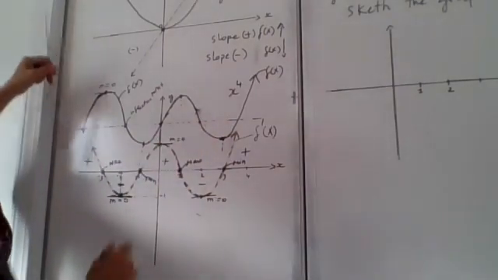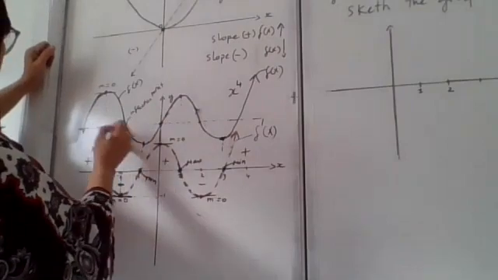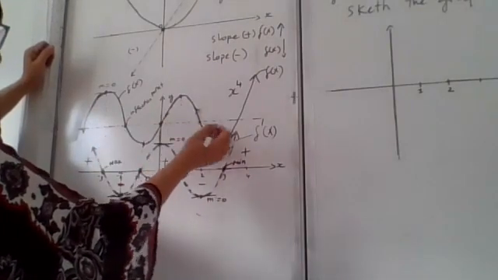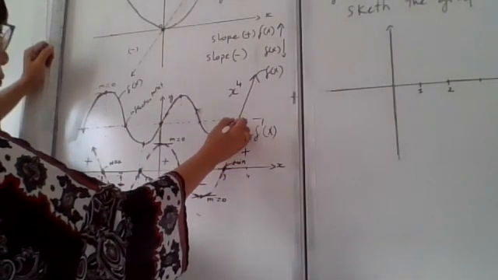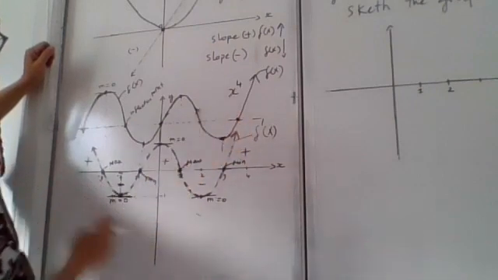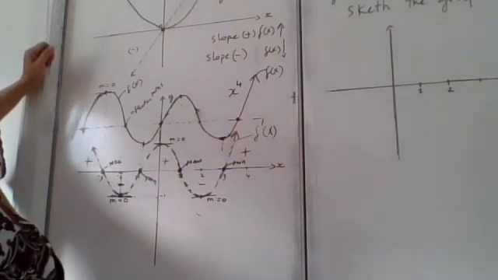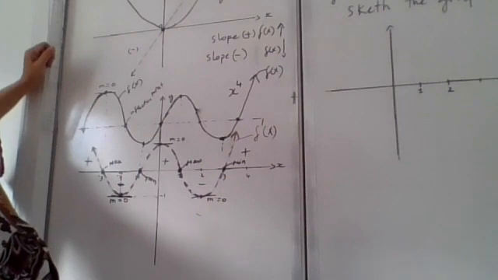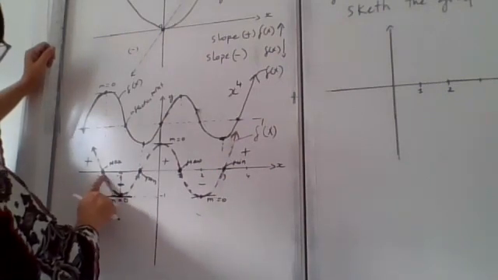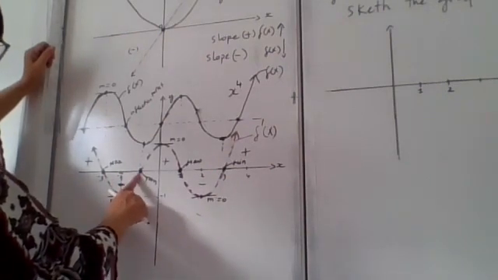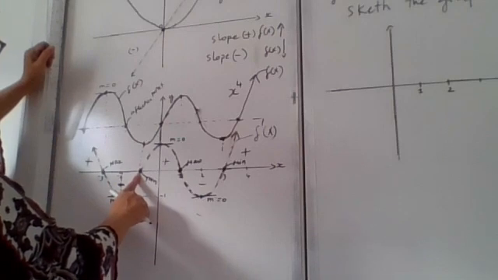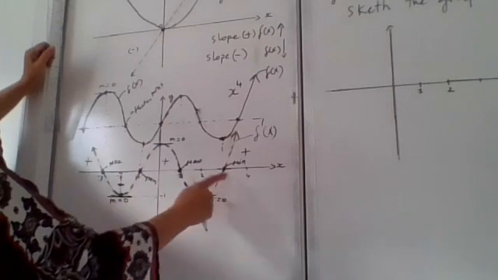Okay, so let's see. So this is 4 roots, right? 1, 2, 3, 4.